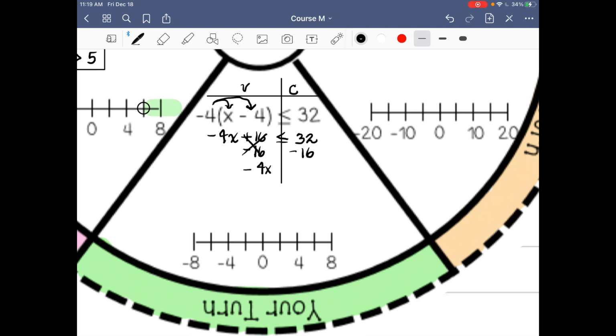I'm left with negative 4x and 16 on this side. Divide by negative 4. So the arrow reverses, and your answer over here, your constant, is a negative 4. Put the interval at negative 4. It's closed, and you shade above the negative 4.